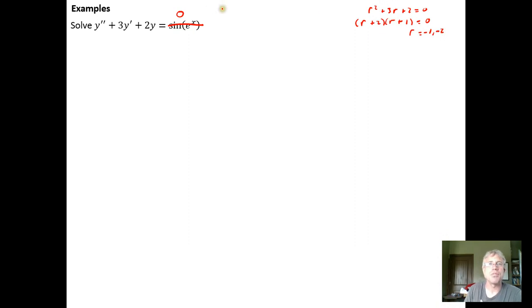So the complementary solution, the solution to the homogeneous differential equation, is going to be y complementary equals c sub 1 e to the negative x plus c sub 2 e to the negative 2x. And then we know that solutions are going to have the form y complementary plus y particular.